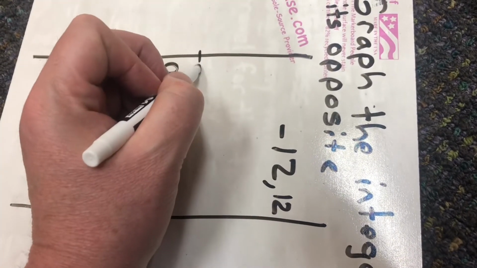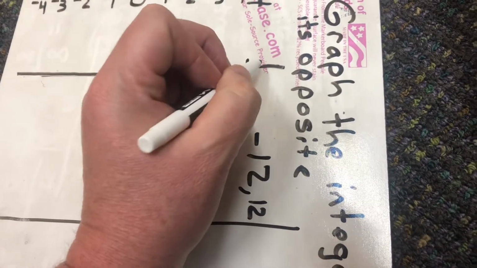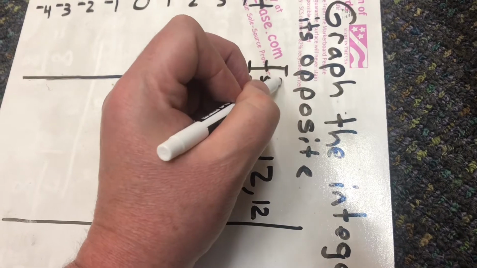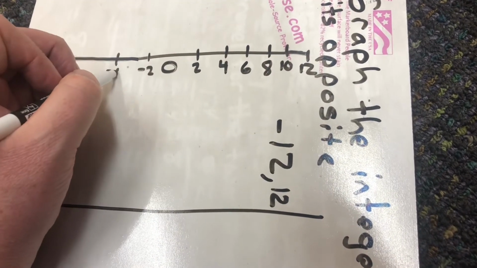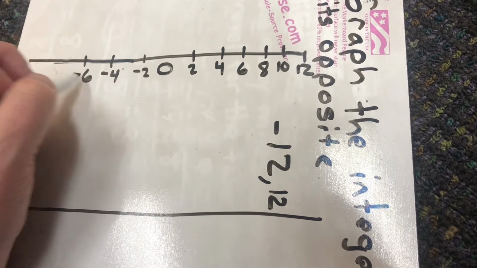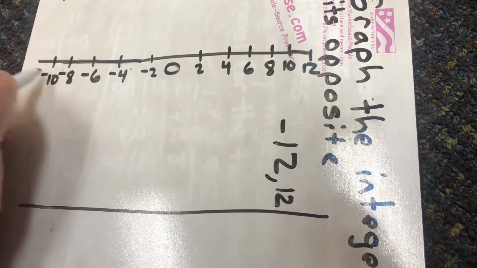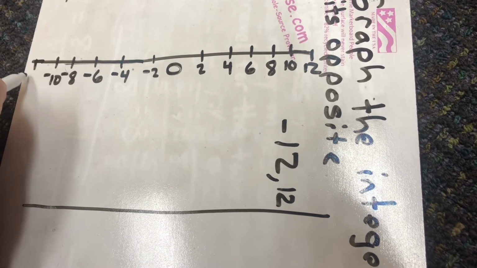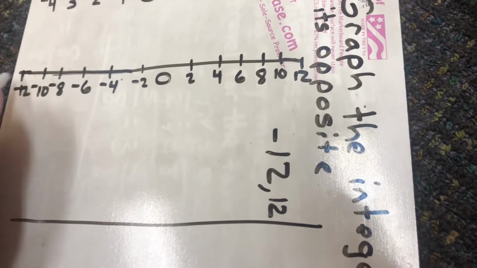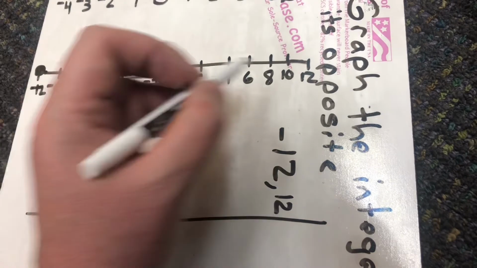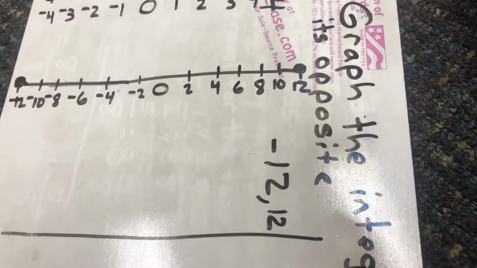I'll go 2, 4, 6, 8, 10, 12, and then -2, -4, -6, -8, -10, -12. Then I'm graphing -12 and 12. That's all there is to it.